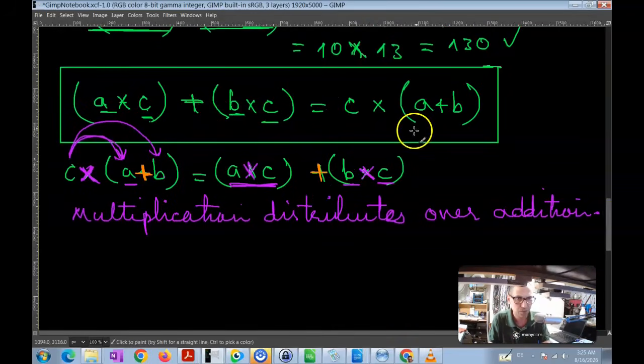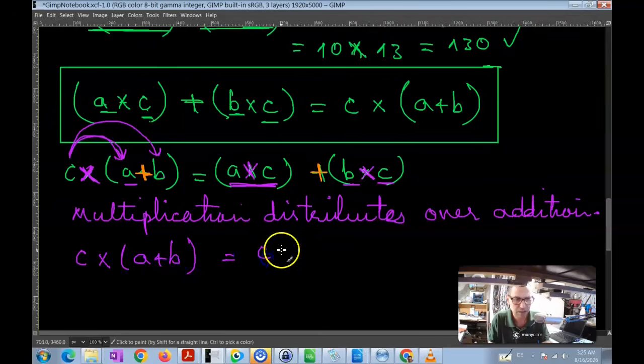First of all, we can say that c times (a plus b), which you can write as c(a plus b), meaning that the multiplication sign, you don't actually have to write it, it's implied.